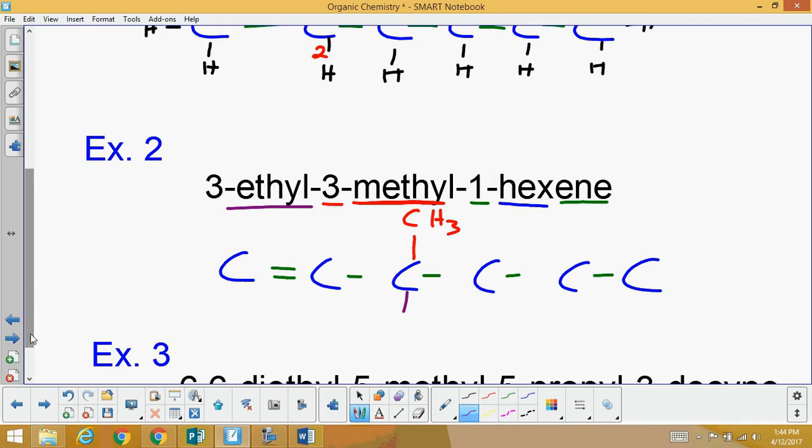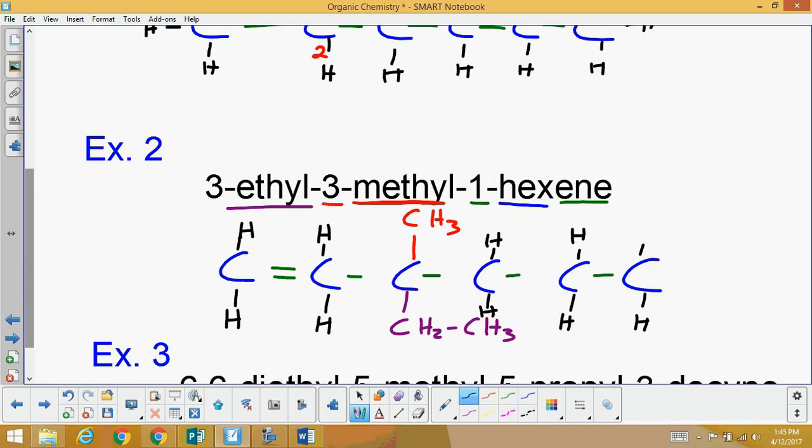So this is going to be 1 more carbon, so it's going to be CH2, CH3. So we've got our 3-ethyl, we have our 3-methyl, we have our 1-hexene. And then we just add the hydrogens, I apologize. So that's our 3-ethyl, 3-methyl, 1-hexene.